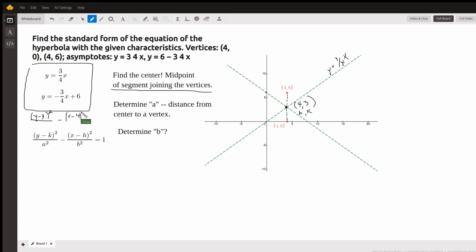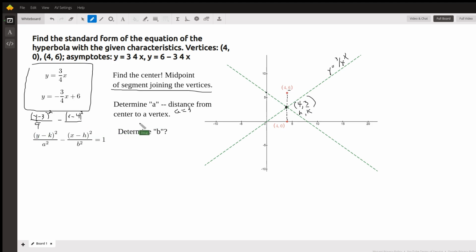That's the x coordinate of the center, over b squared. Well, a is just the distance from the center to a vertex. So from (4, 3) to (4, 6), that's just a change in y. That's 3. So that tells us that a is 3, which means a squared is 9.